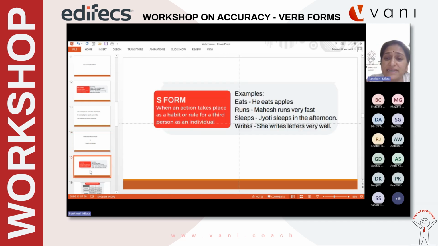So how do we decide whether it will be the verb in the first form or the verb with the S? He, she, and it come with the S, and other than this, we use simply eat.